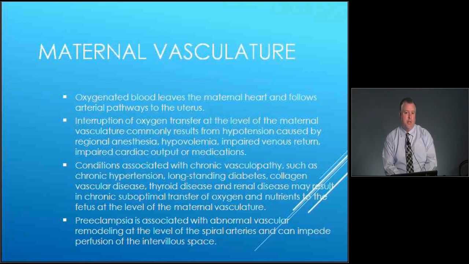A common one we see is preeclampsia, which is associated with abnormal vascular remodeling at the level of the spiral arteries in the uterus, and that can impede perfusion of the intervillous space, which will then impact oxygen delivery to the fetus.